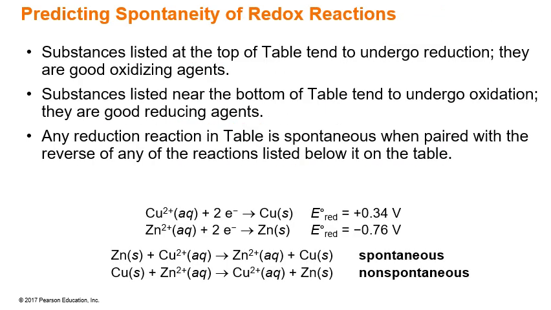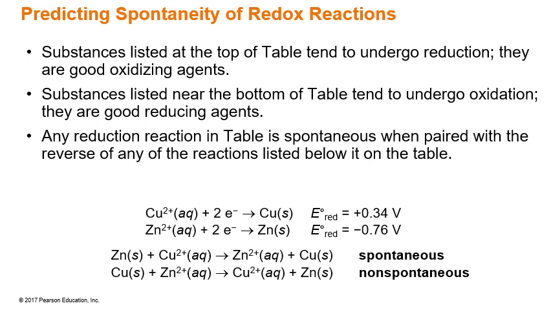Substances listed at the top of the table are more likely to undergo reduction. They're good oxidizing agents, and because they're more likely to be reduced, those are more likely to be the cathode. Substances listed near the bottom of the table tend to undergo oxidation. They are better reducing agents. That means that they are more likely to be the anode.